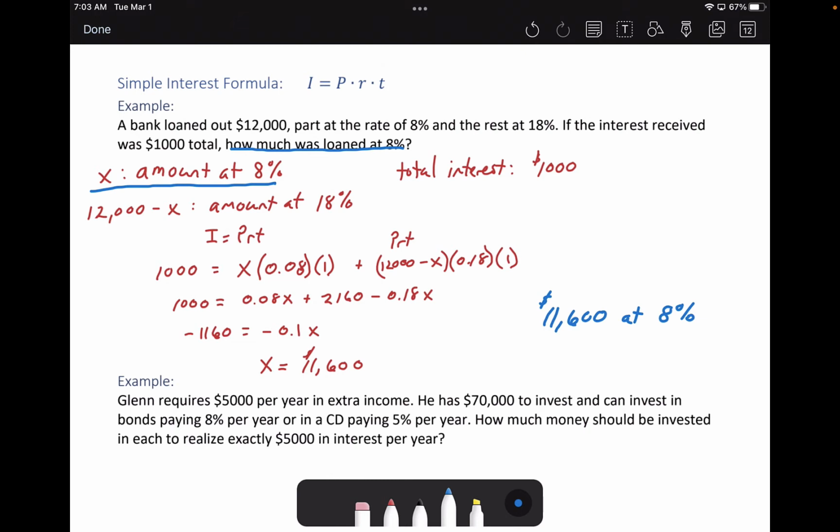So another potential question would be, how much was loaned at 18%? To do that, we simply look at our other initial condition, 12,000 minus x. 12,000 minus 11,600 would give us the $400 at 18%.